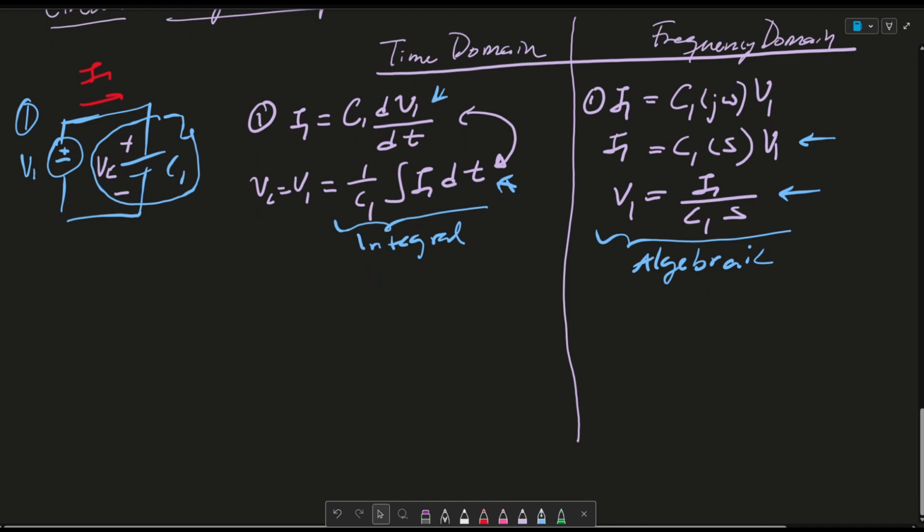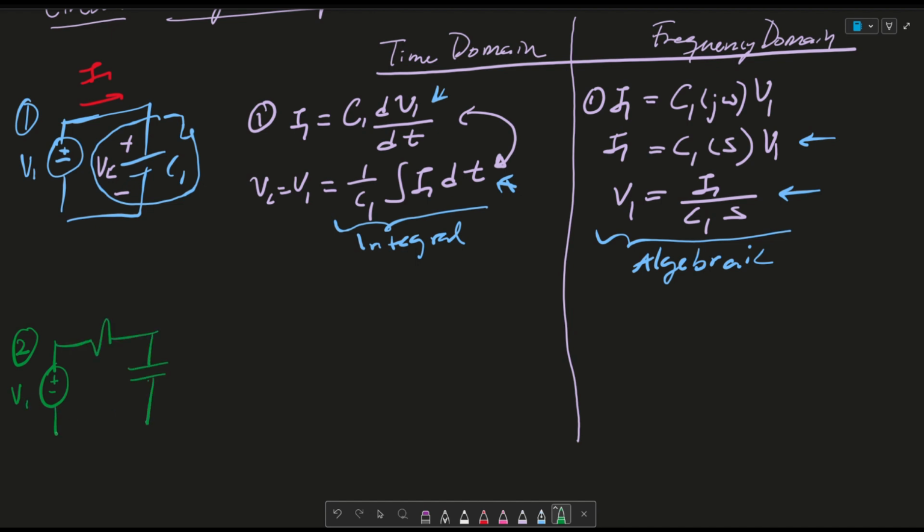So let's go to our second example. Imagine you have an AC signal going into a resistor and a capacitor. Let's call these C1 and R1, and let's say this here is I1. Let's write some equations for example 2.